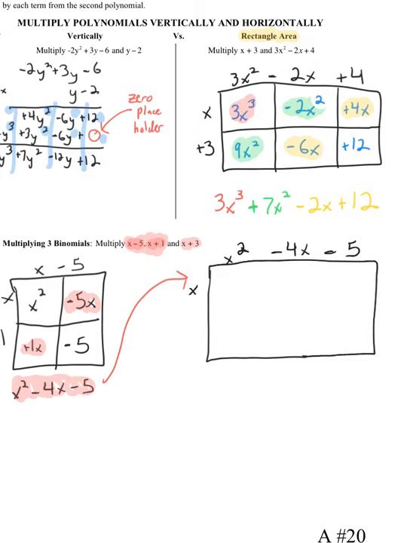And then the second side is going to be x plus 3, because that's the number we haven't multiplied it by yet. And then we go ahead and do our rectangular area model again. So why don't you guys take a minute and see if you can do the rectangular area model multiplication for this problem, and see if you can combine the like terms, and then we'll check our answers in just a second here.